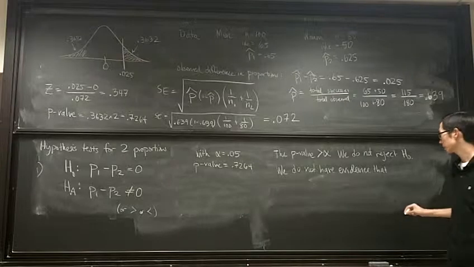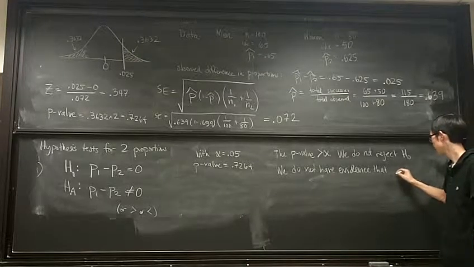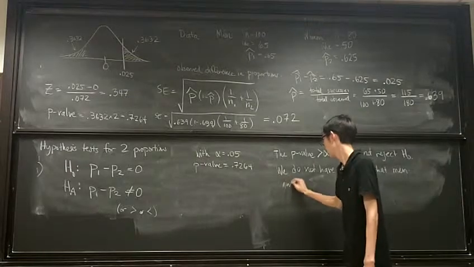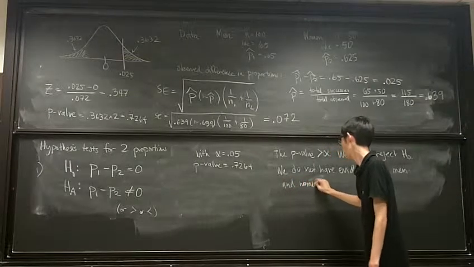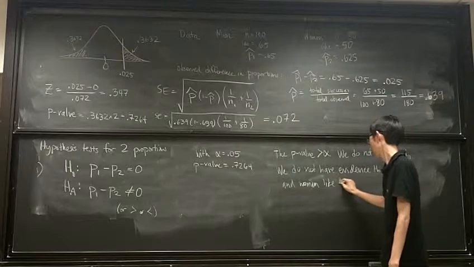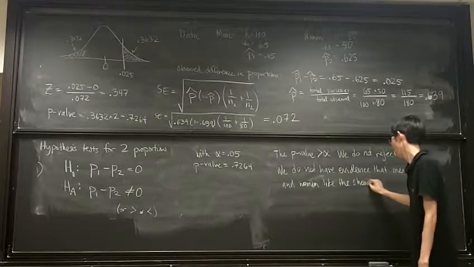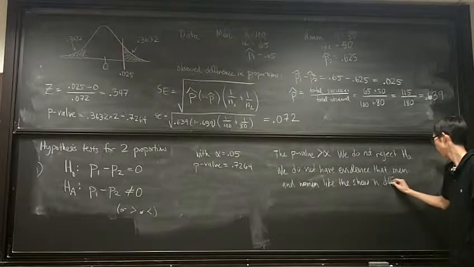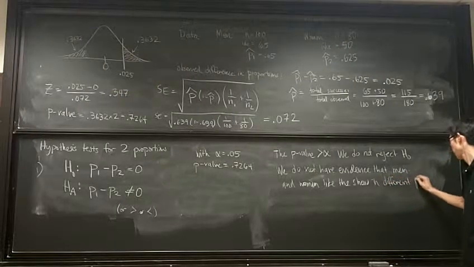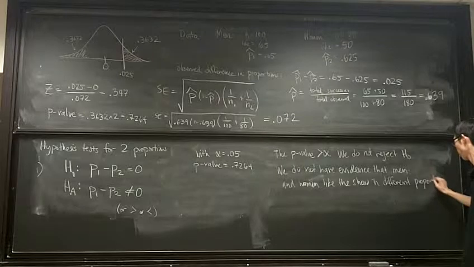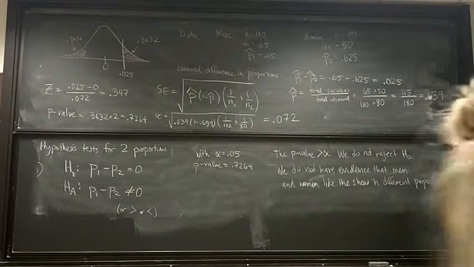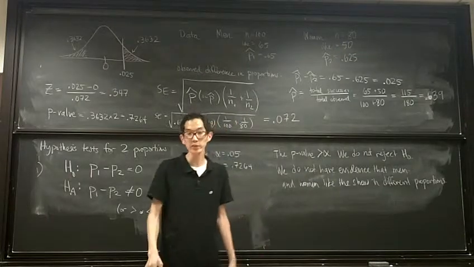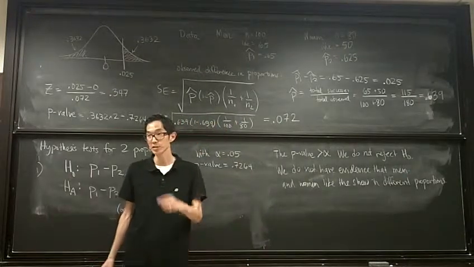We do not have evidence that men and women like the show in different proportions. So since it's greater, doesn't that mean that every time it's greater, we do not reject it? Yeah, every time the p-value is bigger than alpha, you do not reject the null hypothesis.